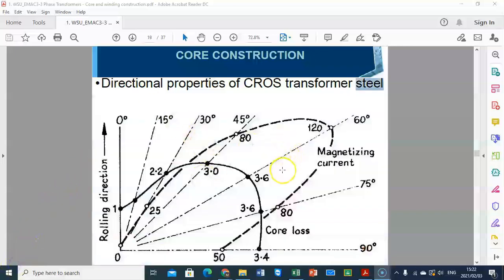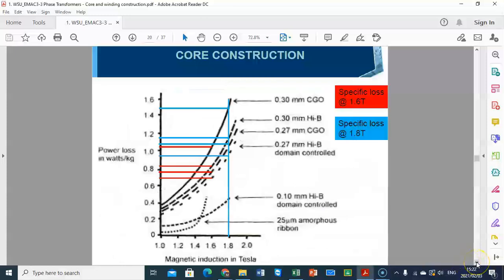On the next slide, we can also see the directional properties of CROS transformer steel, and again the power loss in watt per kilogram, and how it changes if we change the magnetic induction of the transformer.